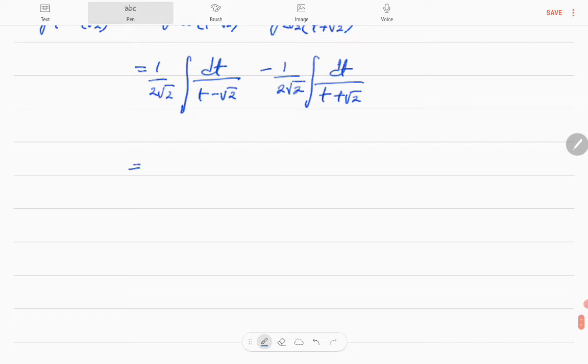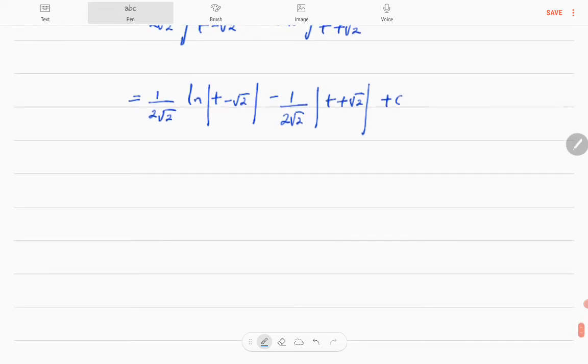So when you integrate, it will result to 1 divided by 2 root 2 ln absolute value of t minus root 2, minus 1 divided by 2 root 2 ln absolute value of t plus root 2, plus c.